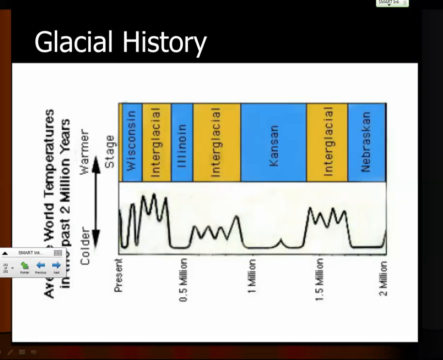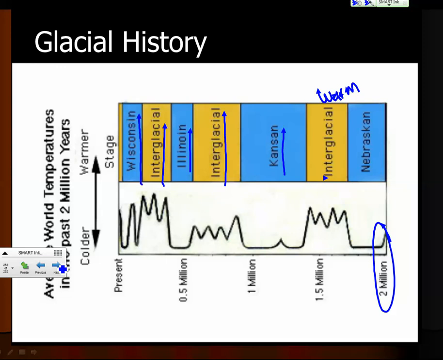All right, some glacial history. Here we can see 2 million years ago on the far right, the Nebraskan stage, then an interglacial when it's warmer, and then it gets colder again in the Kansan stage, and then warmer, and then colder in the Illinoisan stage, and then in the interglacial it's warmer, and then the last ice age, the Wisconsin, is what shaped most of what we now see in New York State, and now we're in another warming period, as you can see by the graph right there with temperatures.